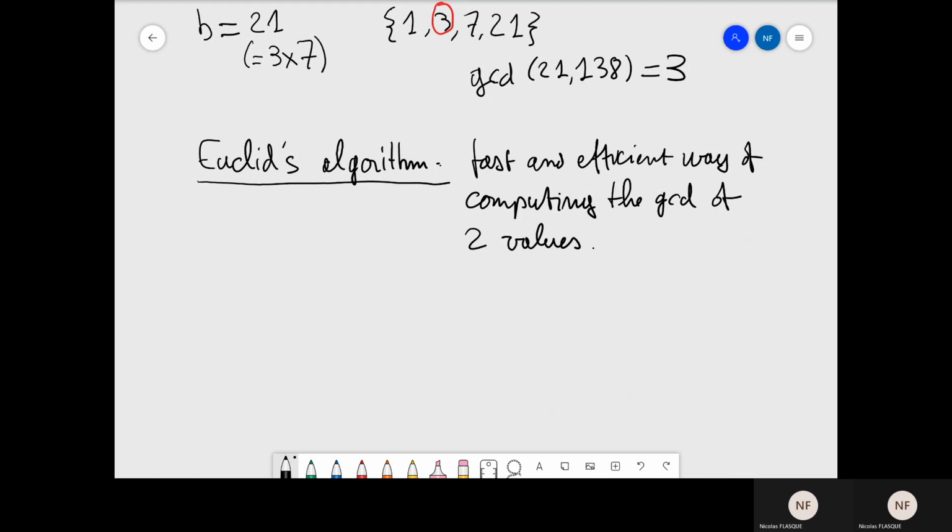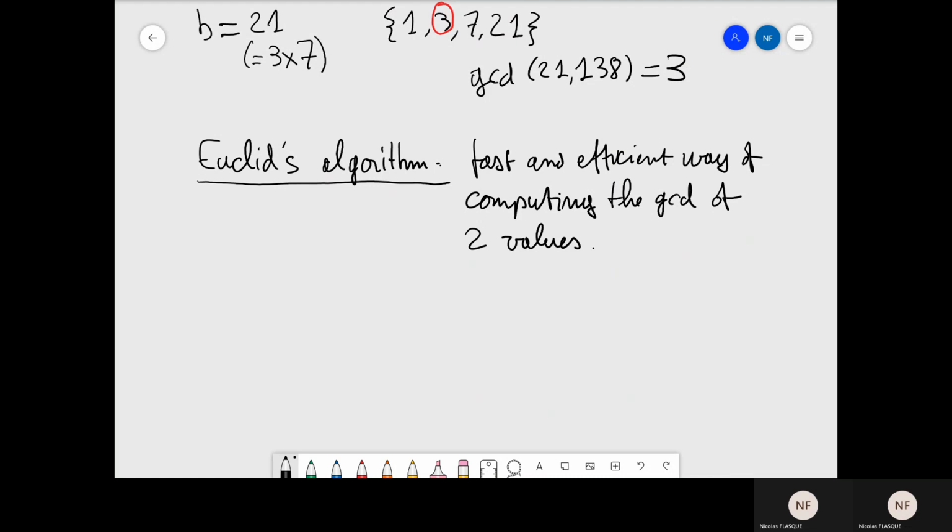And actually, this algorithm is only based on Euclidean division using the remainder. So how to proceed?